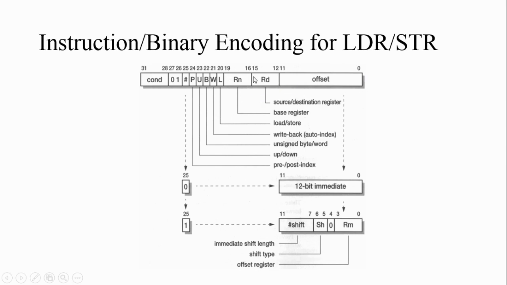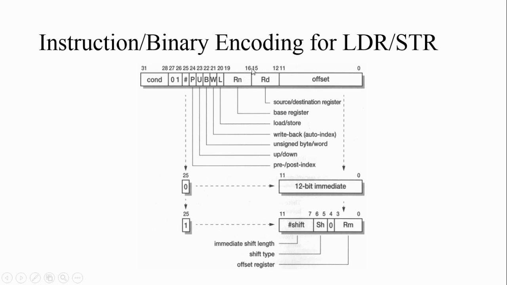So here bits 16 to 19 are used for storing the base address, or rather the base address register, because the base address will be held in a register known as the base register. I told you that you have registers from R0 to R15. Which register you store the base address in is specified by Rn.